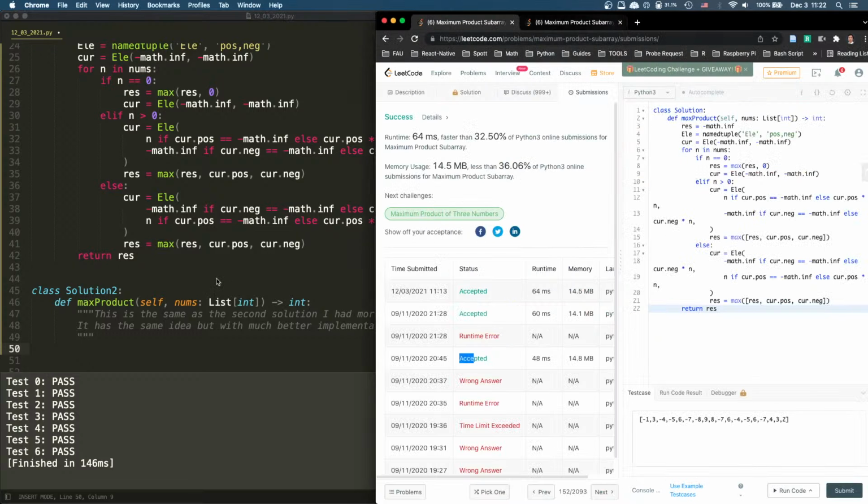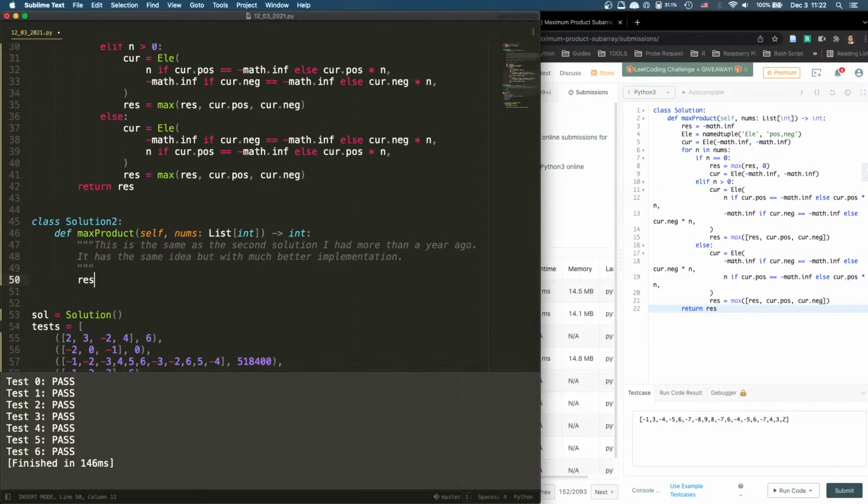All right, so res, current min, current max, keep tracking on this, equals nums 0. Oh, in that case, I can actually just say minus math.inf, math.inf, and minus math.inf.